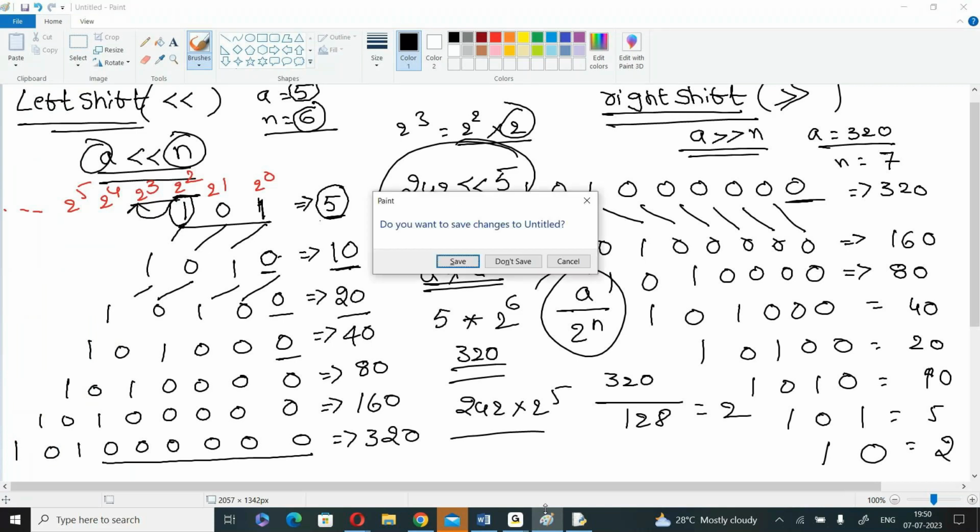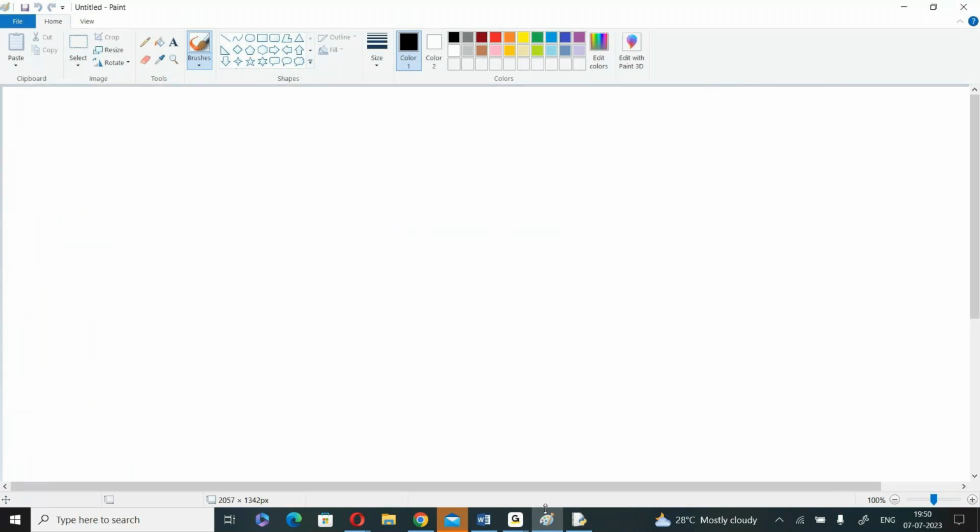Next, we have two more operators, and these two operators are especially available in Python. Up to now, whatever operators we discussed are available in C, C++, Java also. But I am going to discuss two operators.